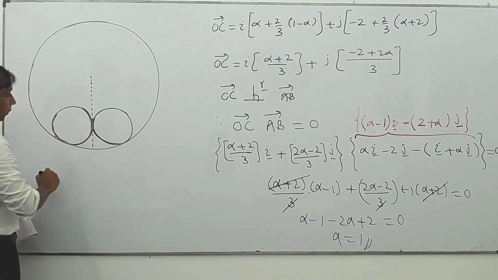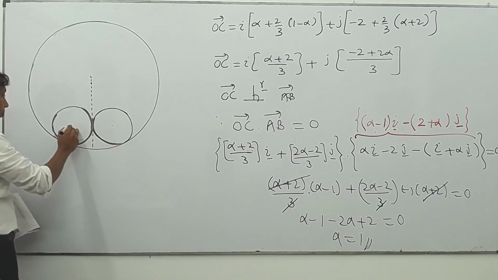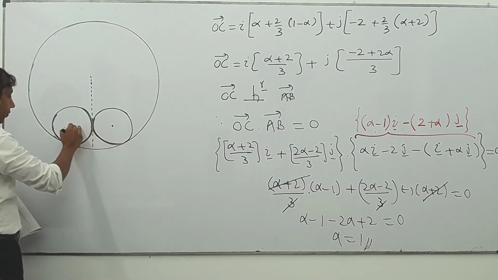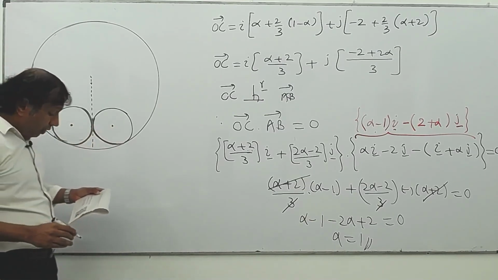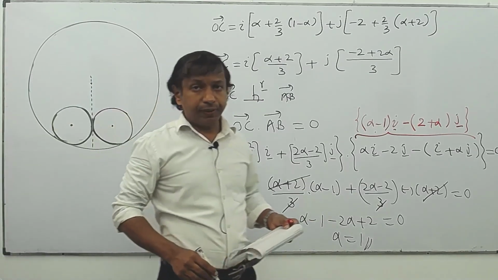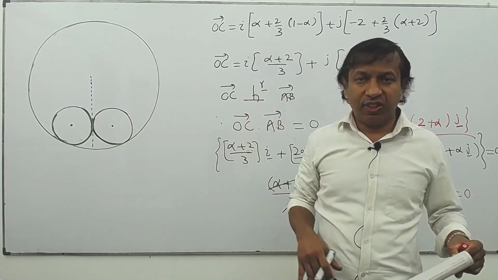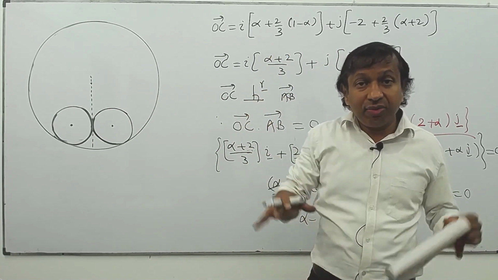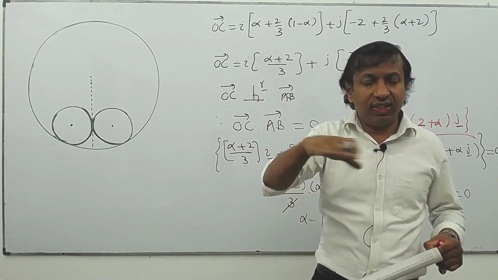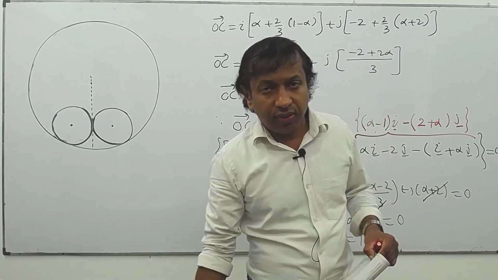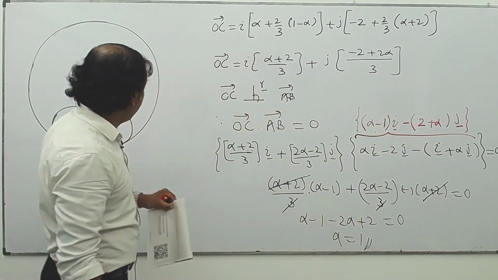So the spheres have the same radius, and equal means same radius, same weight. Then when we keep these two spheres inside the spherical vessel, they lie symmetrically. That means when we join their centers, that line will be horizontal, like this.